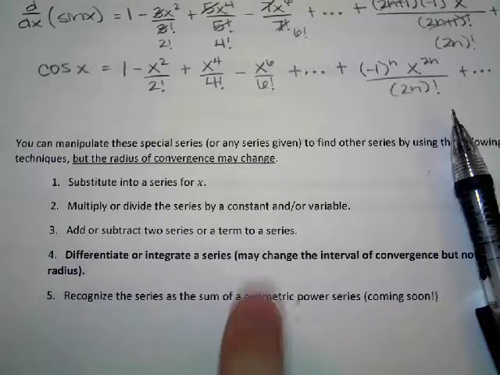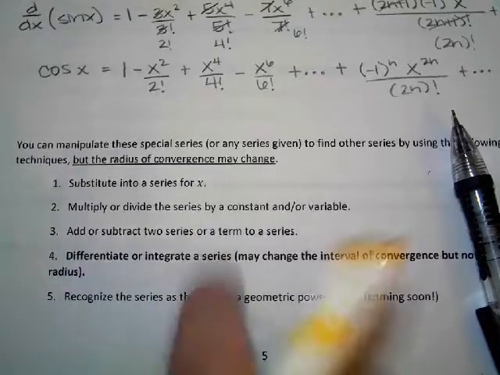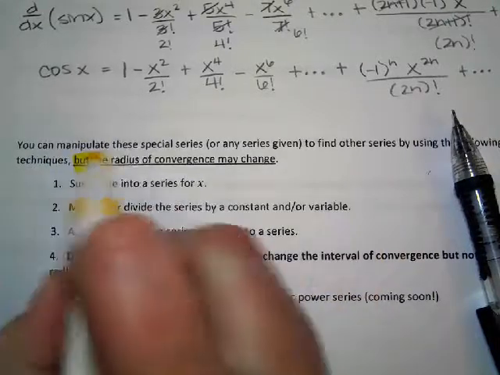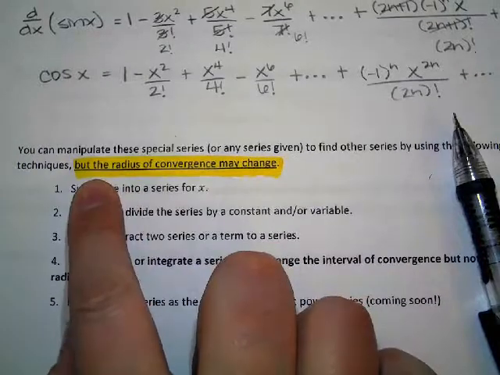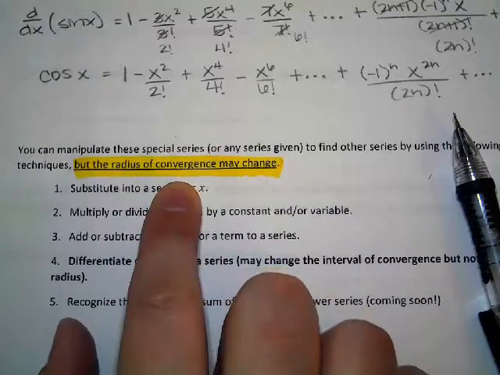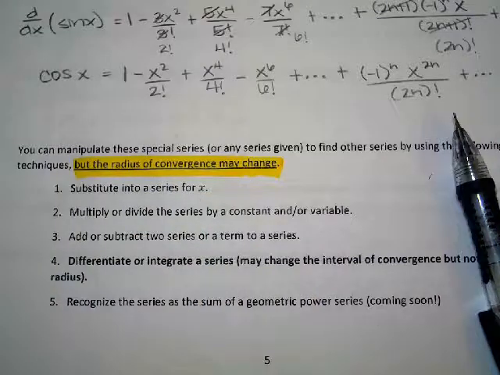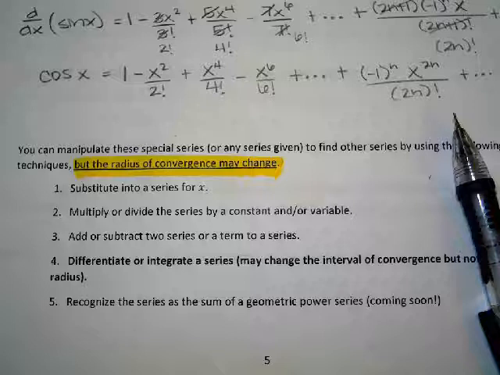So that's something to keep in mind, that the stuff we've learned holds true. The derivative of cos is still going to be negative sine. The derivative of sine is still going to be cos. The antiderivative of e to the x is still e to the x. All that stuff is still true, but the radius of convergence of the series, if you've already found it, might change, okay? So just keep that in mind.